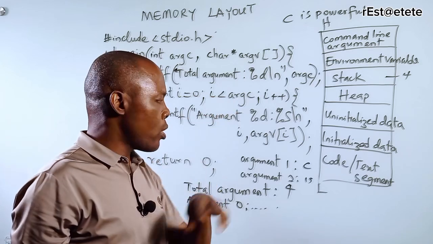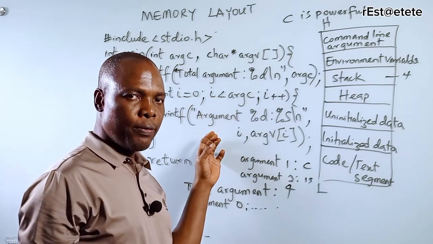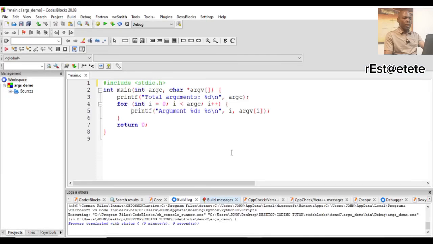So let's go to Code::Blocks. Let me demonstrate this for you to see. Now I have written the program. So this is the program, and it is using the first incarnation of the main function. So without supplying the parameters to this, if I execute this function, it's just going to tell me total argument is what? 1.